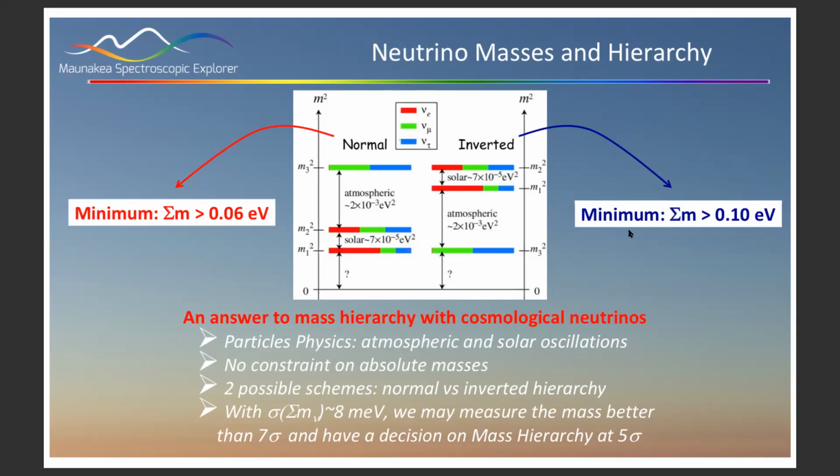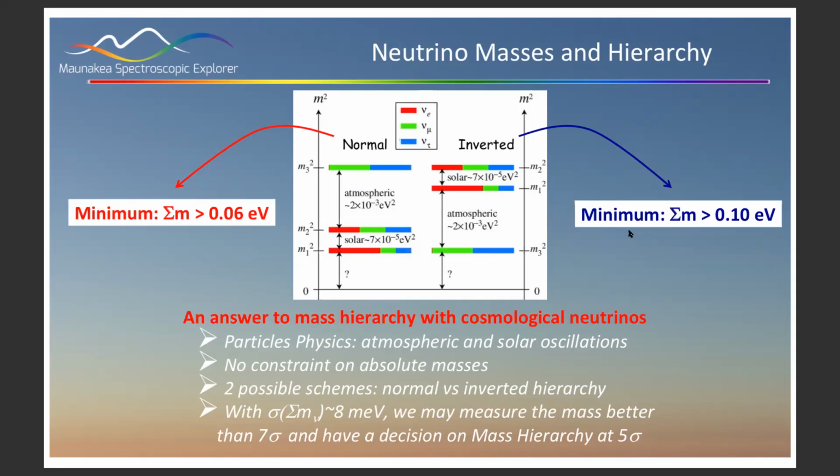If we are in the normal hierarchy, the minimum value that we can expect is at the order of 60 millielectron volt. And for the inverted hierarchy, you can have something at the order of 100 millielectron volt. So this means that if with this project, we are able to achieve an accuracy at the level of 8 millielectron volt, we will be able to measure the mass of the neutrino at 7 or even 8 sigma, and we will be able to measure the difference between the normal and the inverted hierarchy at the level of 5 sigma, if we have a minimal mass at the order of 0.